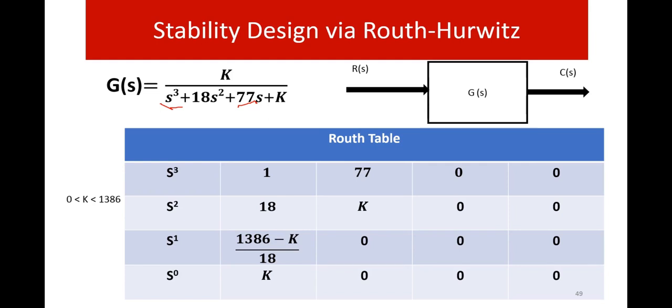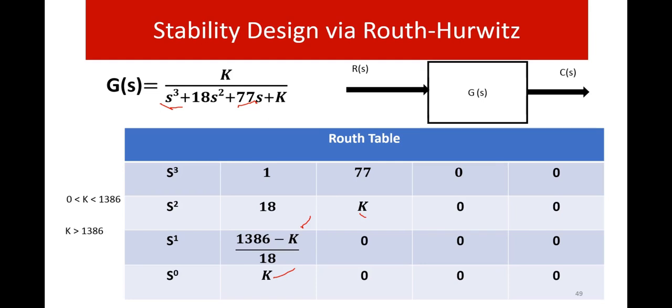Because we already defined that k is positive, if the range of k is between 0 and 1386, for example 12, then this value will also be 12, and 1386 minus 12 is a positive term, and similarly the last term is also positive. So in this case there is no sign change. It means all three poles are on the left half plane.